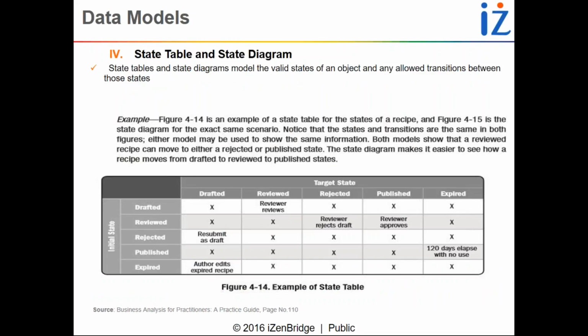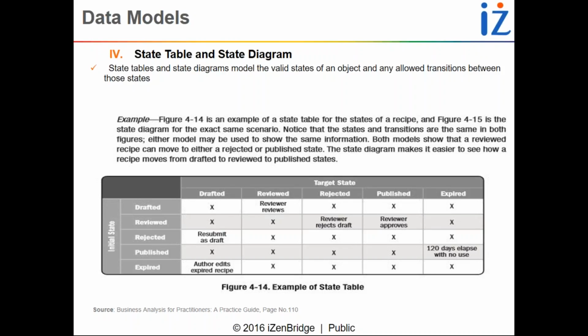State table and state diagram, these two tools represent the same information in different formats. State table in the tabular format and diagram in the diagram format. Whenever we interact in the system, there could be many objects, and these objects have their life cycle.